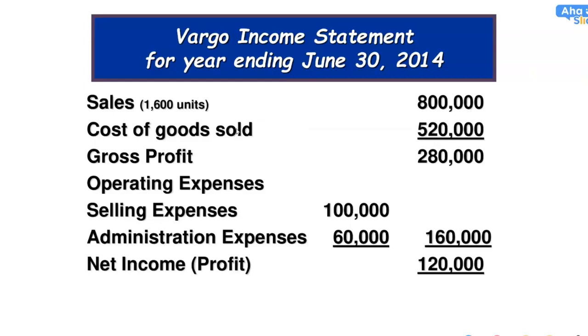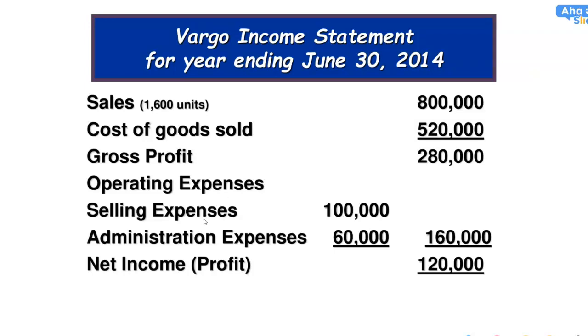But wait a minute, I just went through the whole company and I determined what was fixed and what was variable. That is, I went to the cost of goods sold, and I'm a production company, and I looked at direct material, that's variable, direct labor, that's variable, and the overhead. Now some of the overhead, they're all indirect costs, but some are variable and some are fixed. And I broke out those that are fixed and those that are variable.